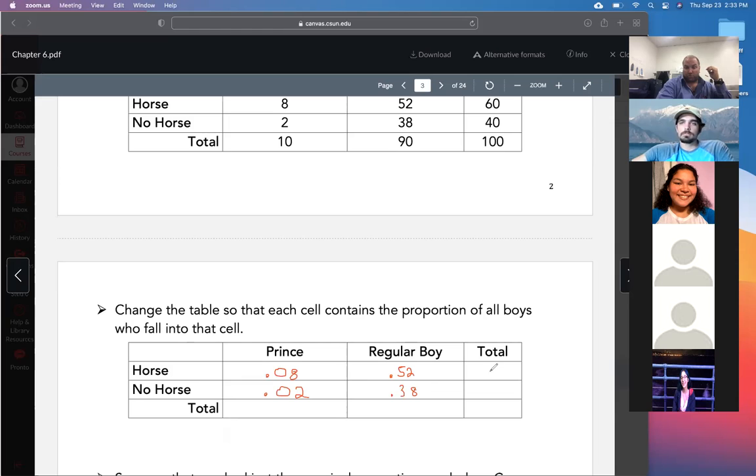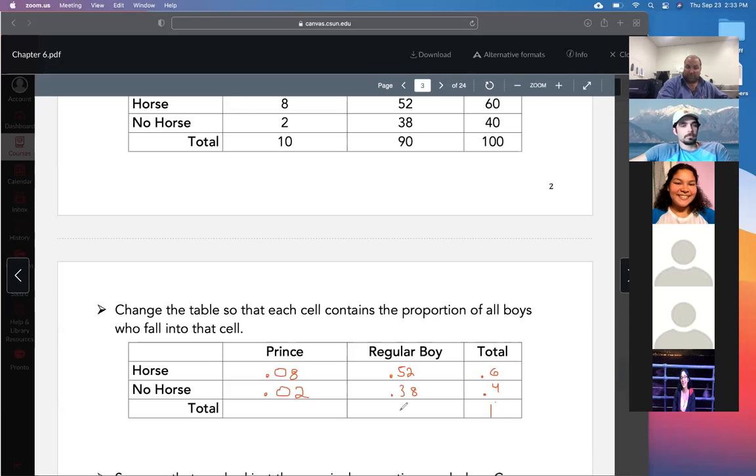And let's fill in the margins. The top right margin is 0.6. Directly beneath it, 0.4. And directly beneath that, not 0.1, but 1.